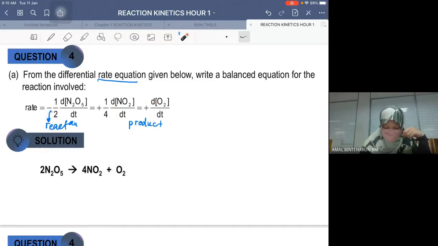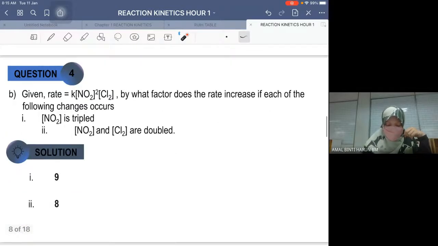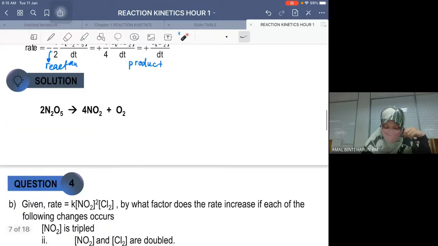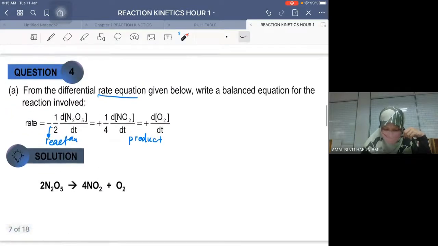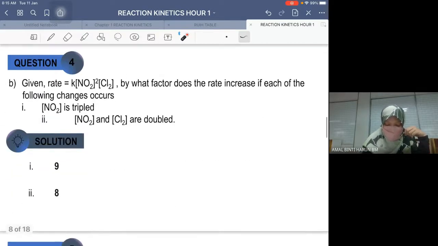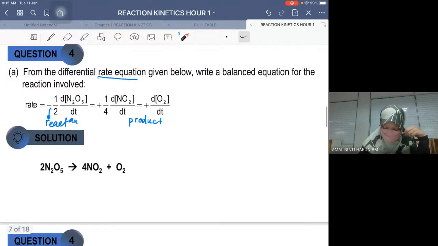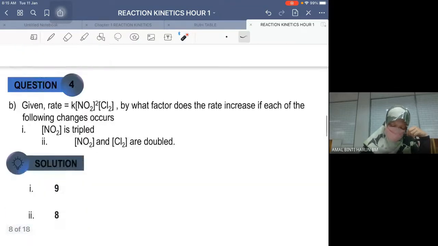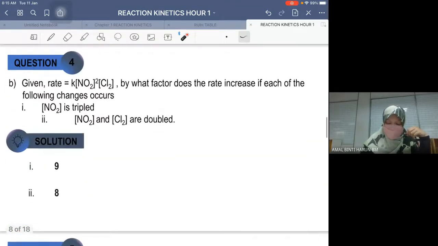Next, given the rate, this is the rate law. Part B, another question.